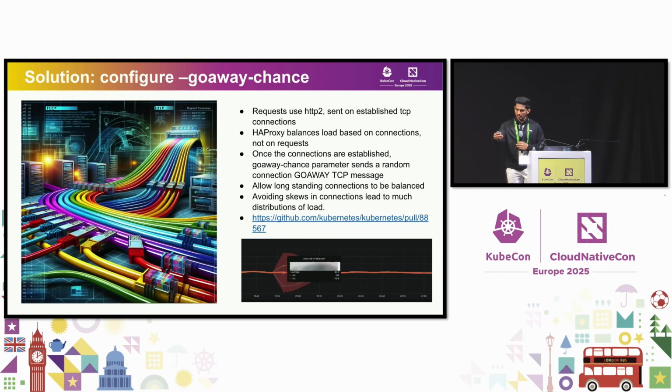So this is where the goaway-chance parameter comes in, where it probabilistically takes some established connections in the pool and sends a go-away TCP message. What this means is it tears down the connection gracefully and allows the client to recreate the connection, hopefully going through the load balancer again and getting a better balanced traffic.